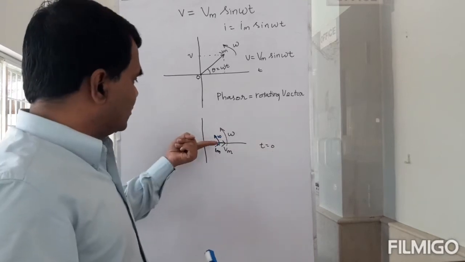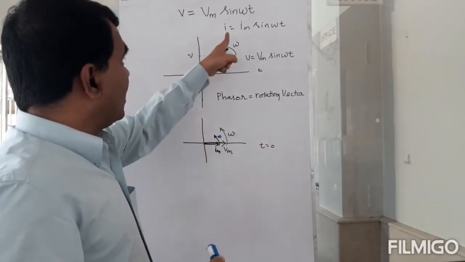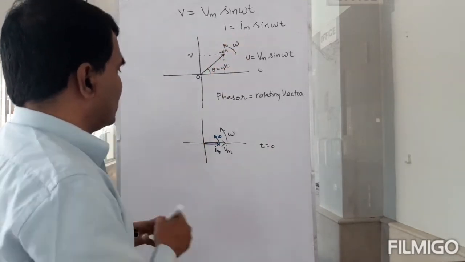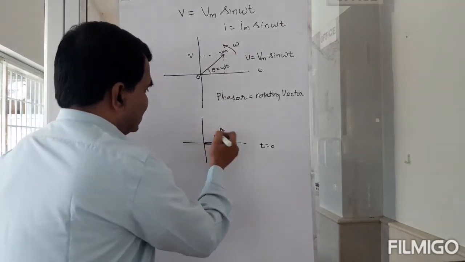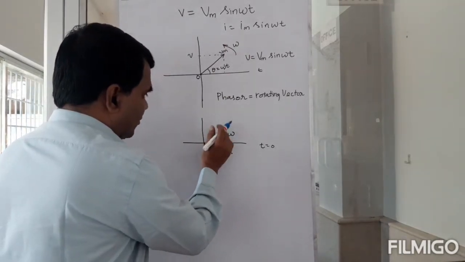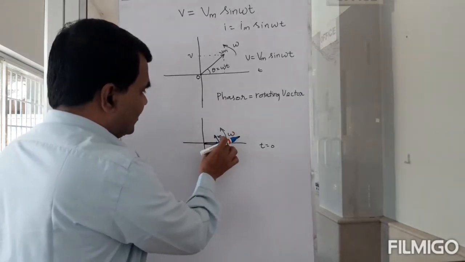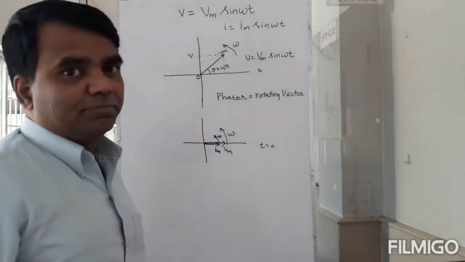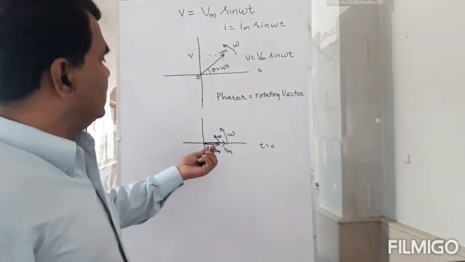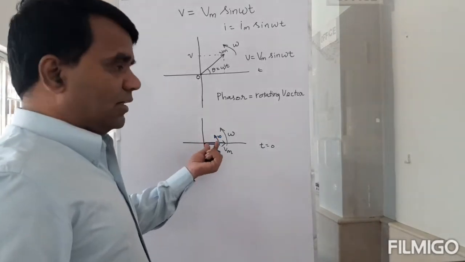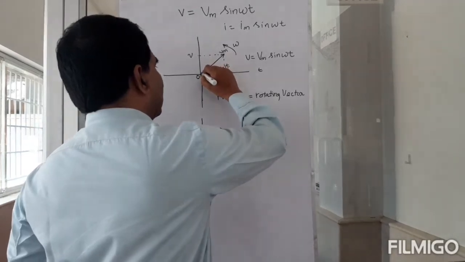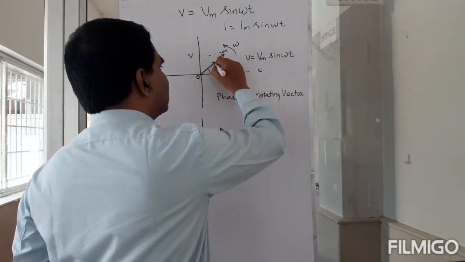At t is equal to 0, I is also equal to 0. The I value is again the projection of Im on the y-axis. The V value is the projection of Vm on the y-axis. So I can either draw it like this, or equivalently like this. This is my Im.